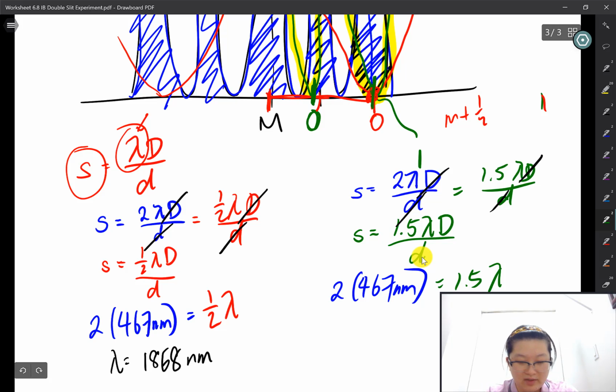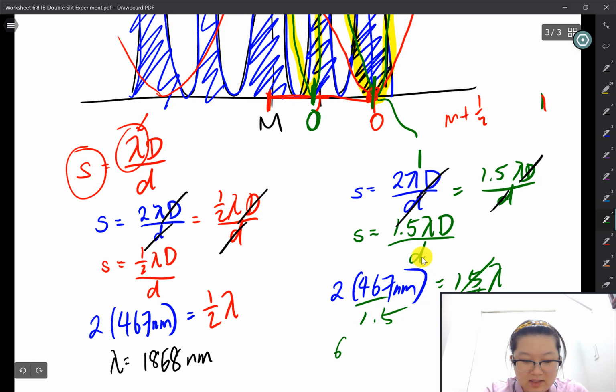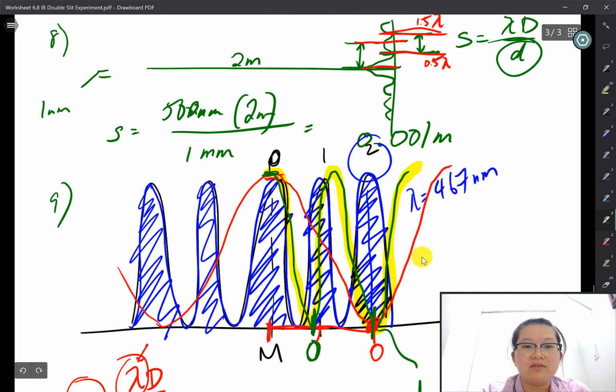So let's calculate this wavelength here. 2 times 467 nanometers, and I'm going to divide by 1.5 on both sides, right? Because that's going to give us what we need. And this is going to give us, ooh, hey, this looks nicer. 620 rounded up to how many sig figs? Maybe 3, I suppose. About 3 sig figs.